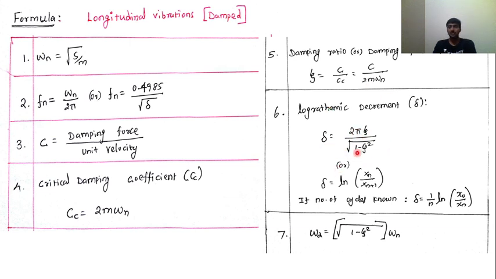Delta is equal to 2 pi zeta divided by root of 1 minus zeta square, or delta is equal to the natural logarithm of xn divided by xn plus 1. If the number of cycles is known, delta is equal to 1 divided by n into the natural logarithm of x naught divided by xn. That is the seventh one, omega d is equal to root of 1 minus zeta square into omega n. So this is the equation.